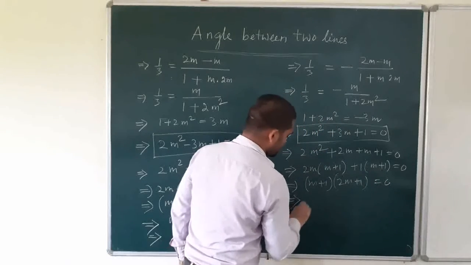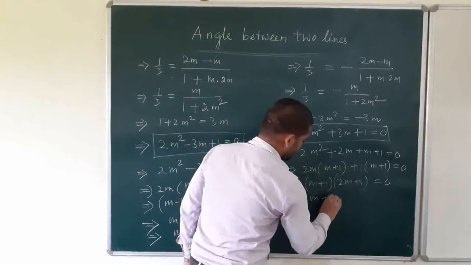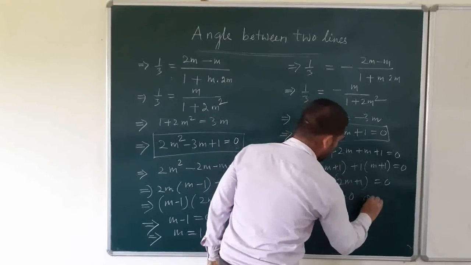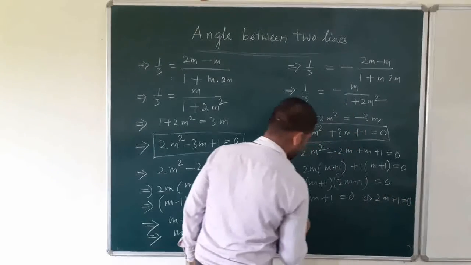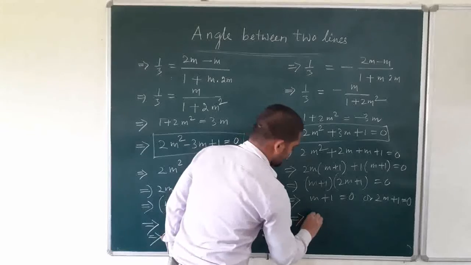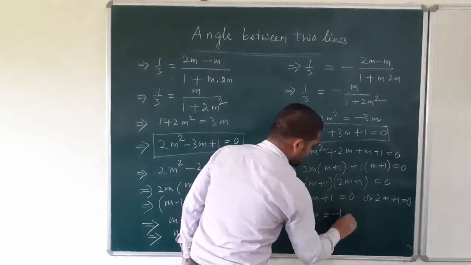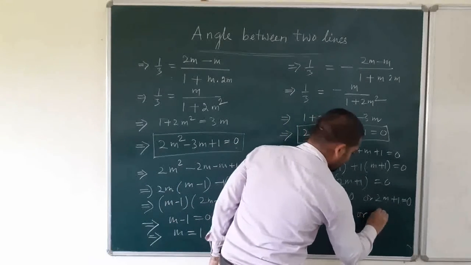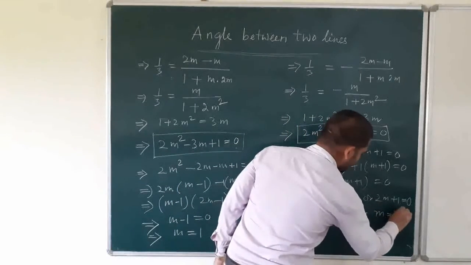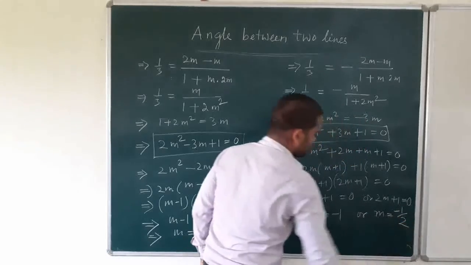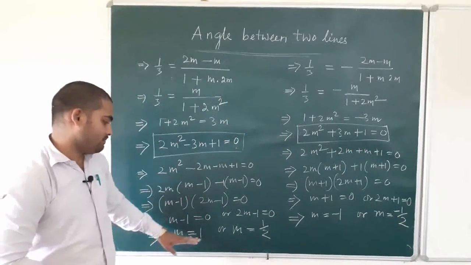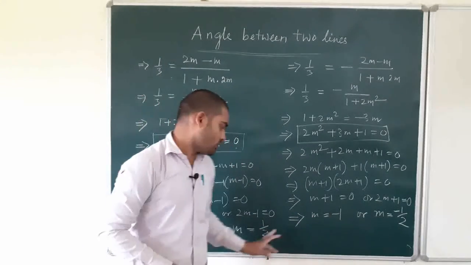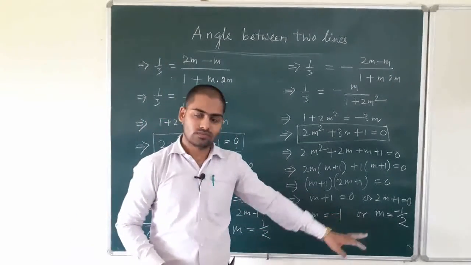That is, M plus 1 equal to 0 or 2M plus 1 equal to 0. That is, M equal to minus 1 or M equal to minus 1 by 2. Okay. Now we have the M values.